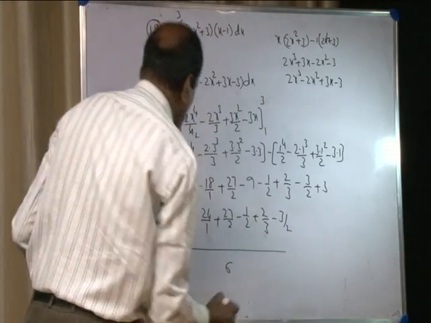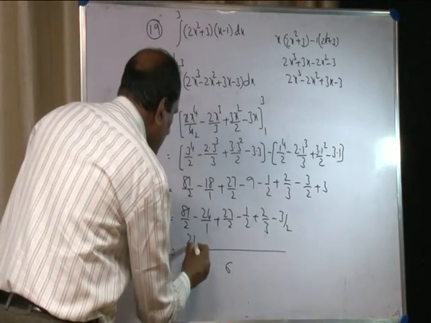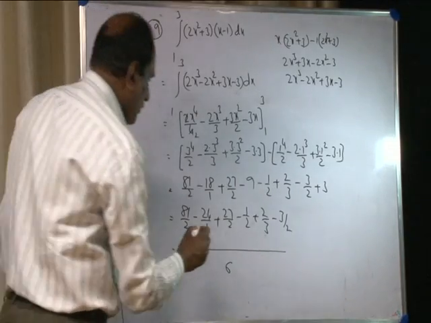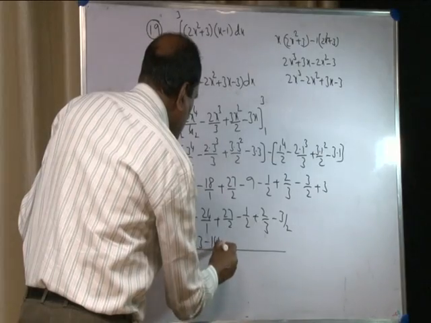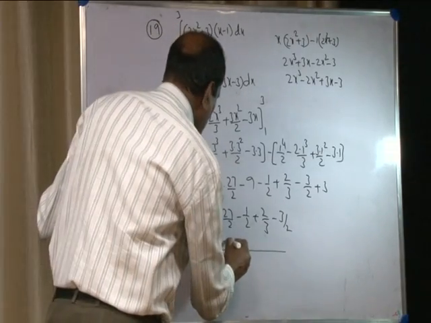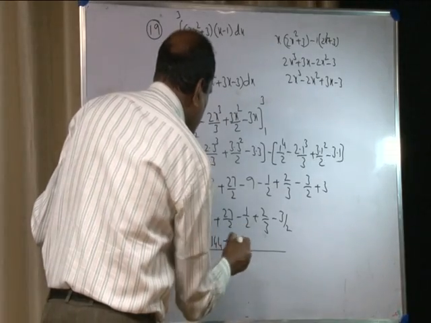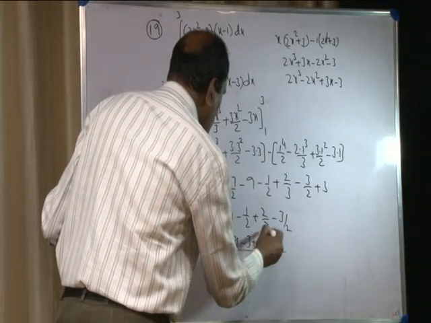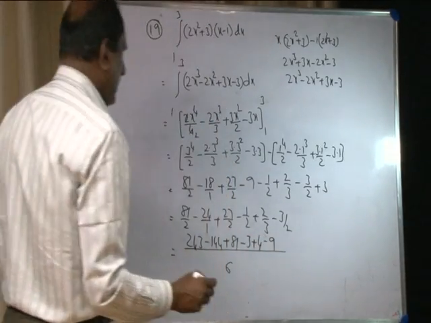Now 2 divides 6 three times, 3 into 81 is 243; minus 6 times 24, that is 144; plus 3 times 27, that is 81, minus 3 times 1; plus 2 times 2, and minus 3 times 3, that is 9.